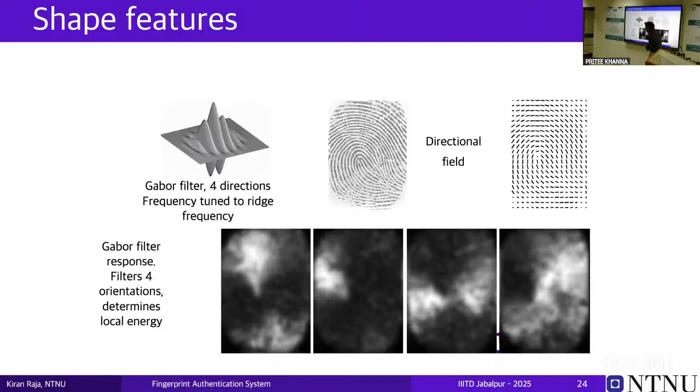This is the high energy area for another configuration, and again, one more configuration. It extracts this complementary information from each different configuration. Does it give an idea? So it's nothing but extracting the information at different scales and phases.